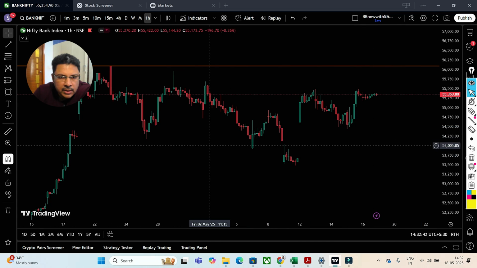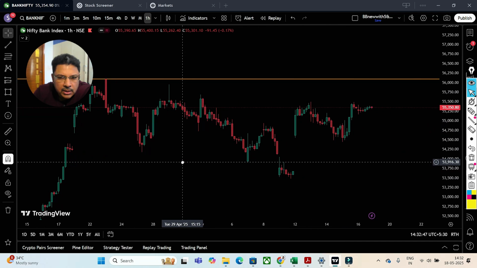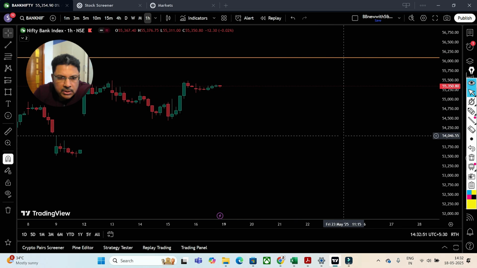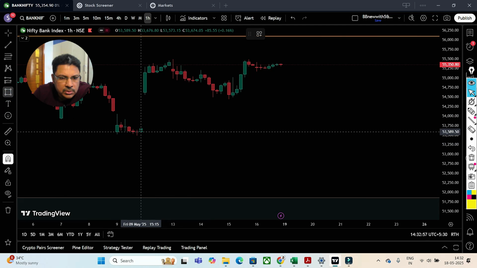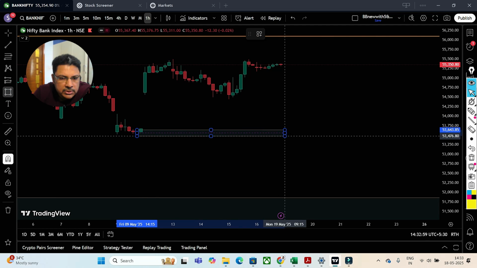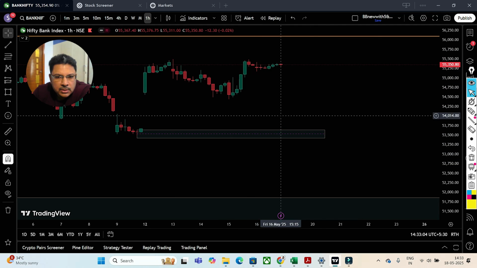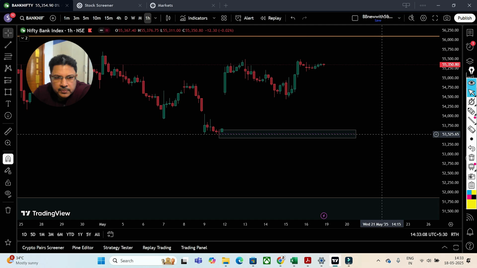Do we have any kind of resistance which is untapped in an hourly time frame? We don't have anything. Yes, but we have a gap here, right? So there is a good small gap which is easy for tapping into this zone and going up.